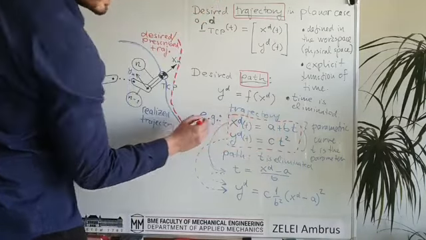This is a joint angle, and the second joint angle is Q2. Okay, so this is our robot so far, and this is the coordinate system which is fixed to the ground or to the world. This is the global coordinate frame, and we have the tool center point here at the end of the robot.